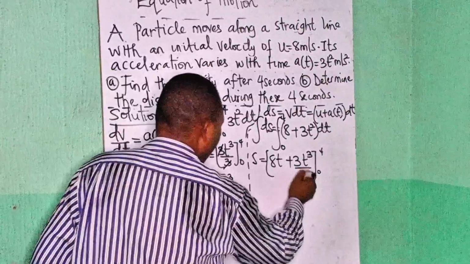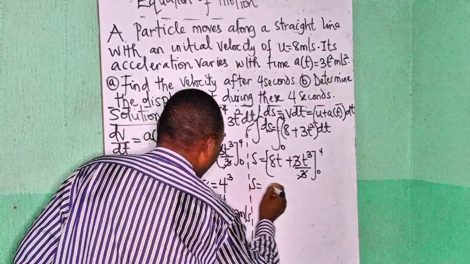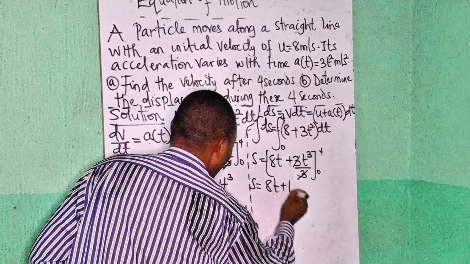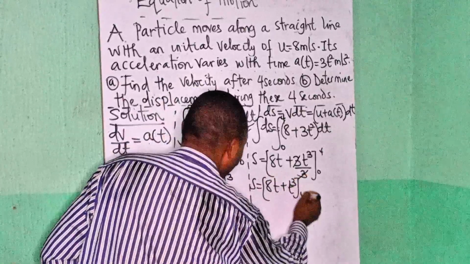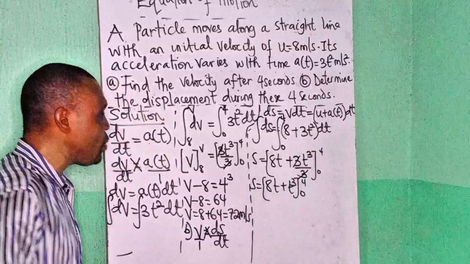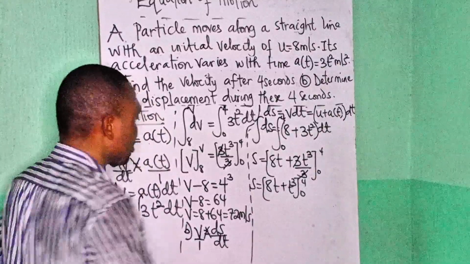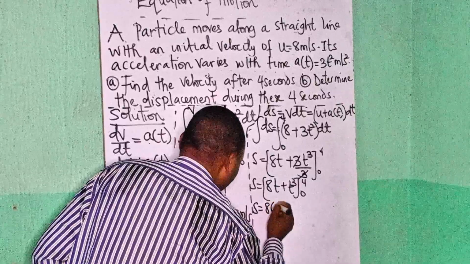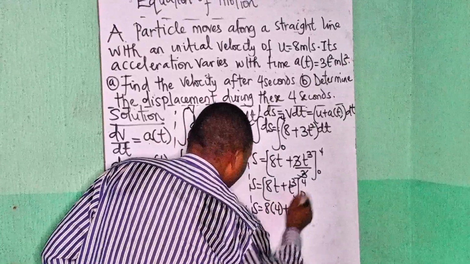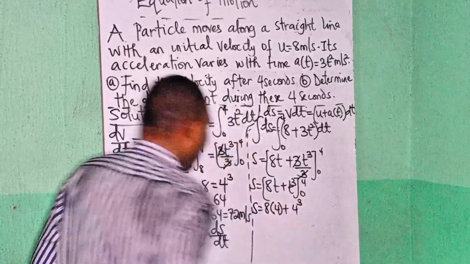So 3 cancels 3. So my s now is equal to 8t plus t cubed. It still moves from 0 to 4, so anywhere I see t, I'll be putting 4. So I'll be having s equals 8 times 4 plus 4 raised to the power of 3.